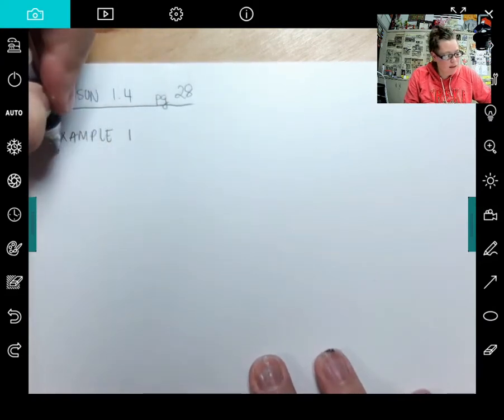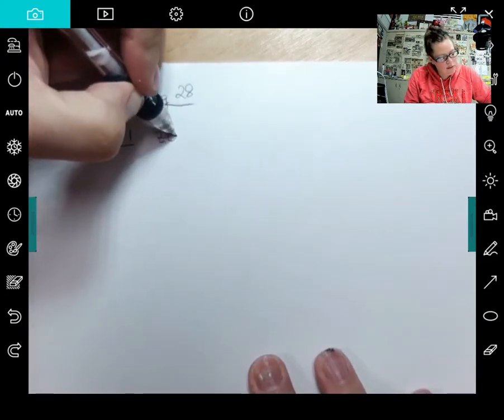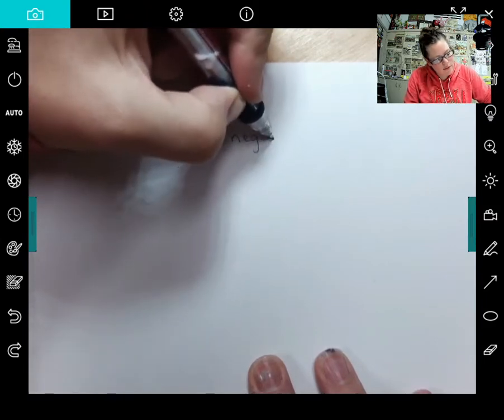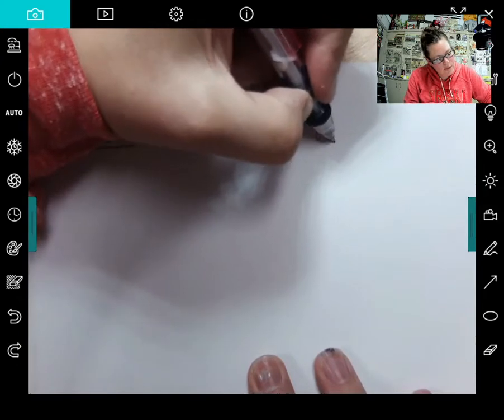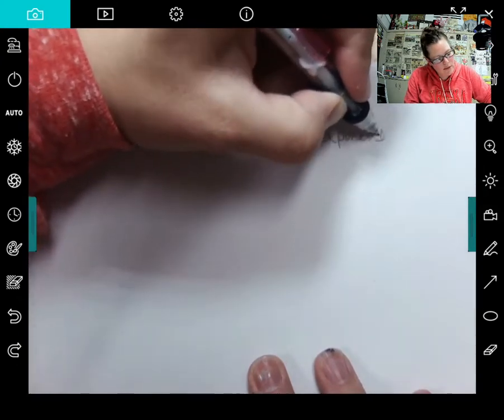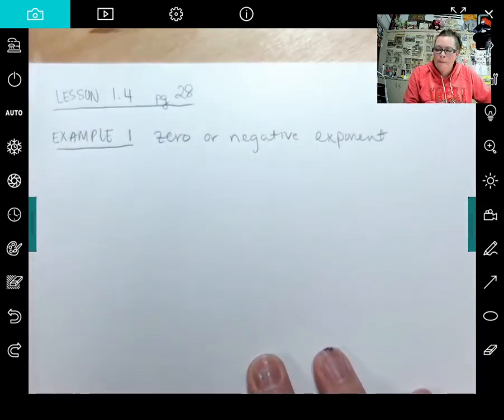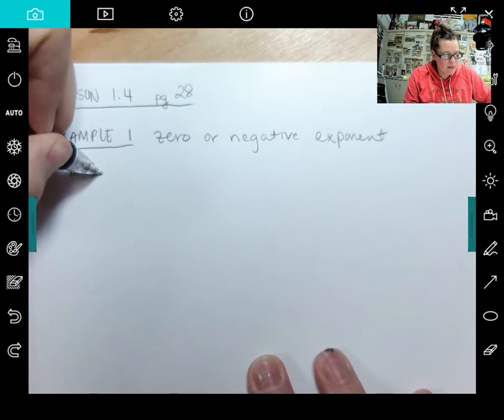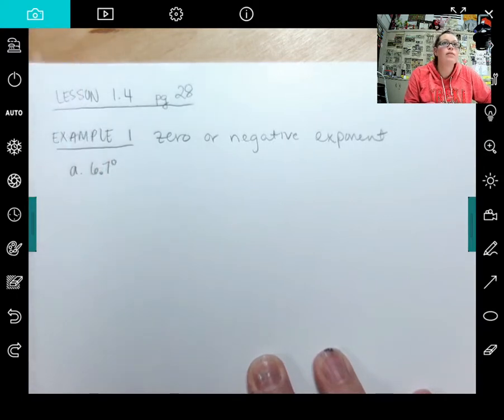Example 1, 0 or negative exponent. Letter A says 6.7 to the 0th power.